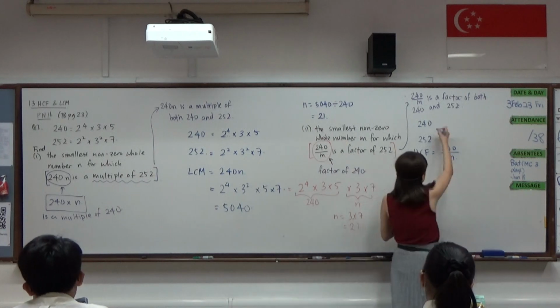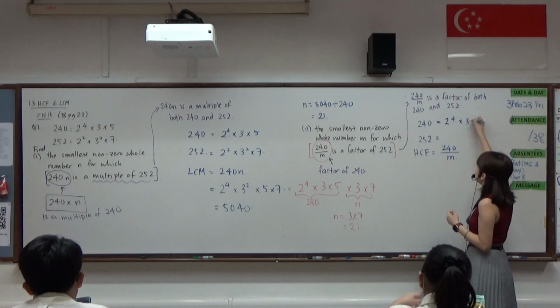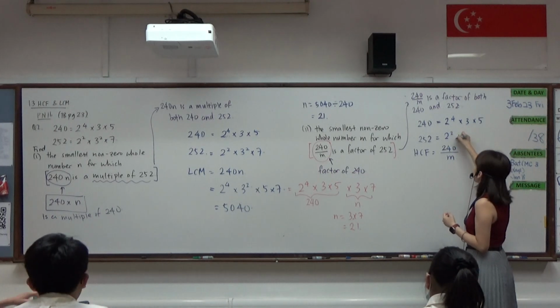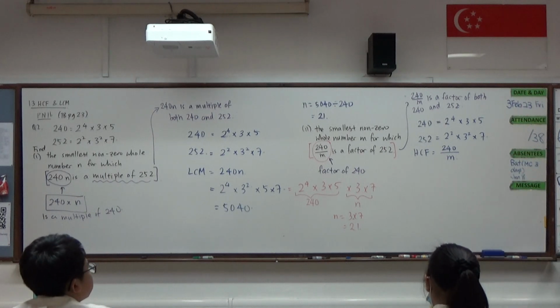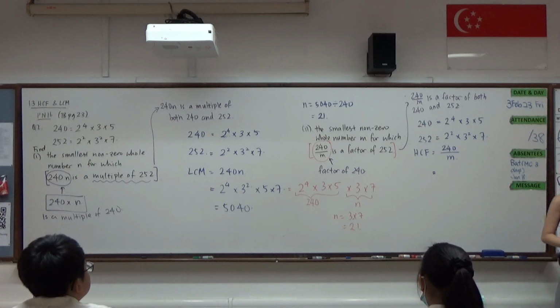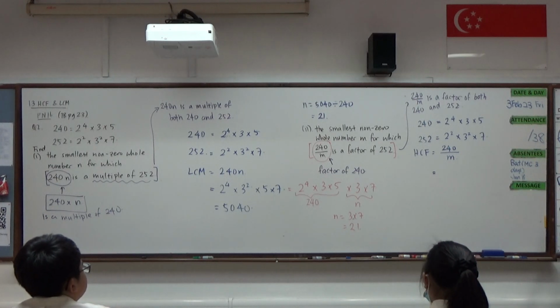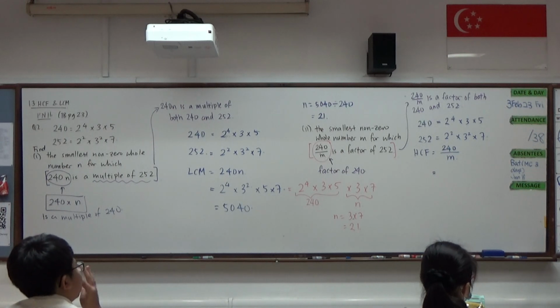Now, 240 and 252, using the question's information, I will have these numbers. And my highest common factor should be made out of what? Same rule.